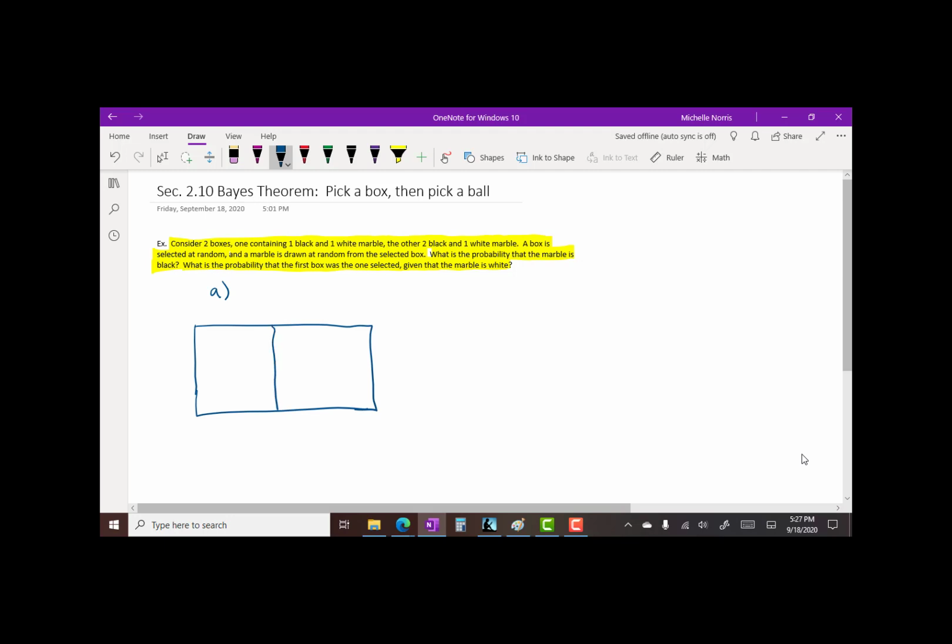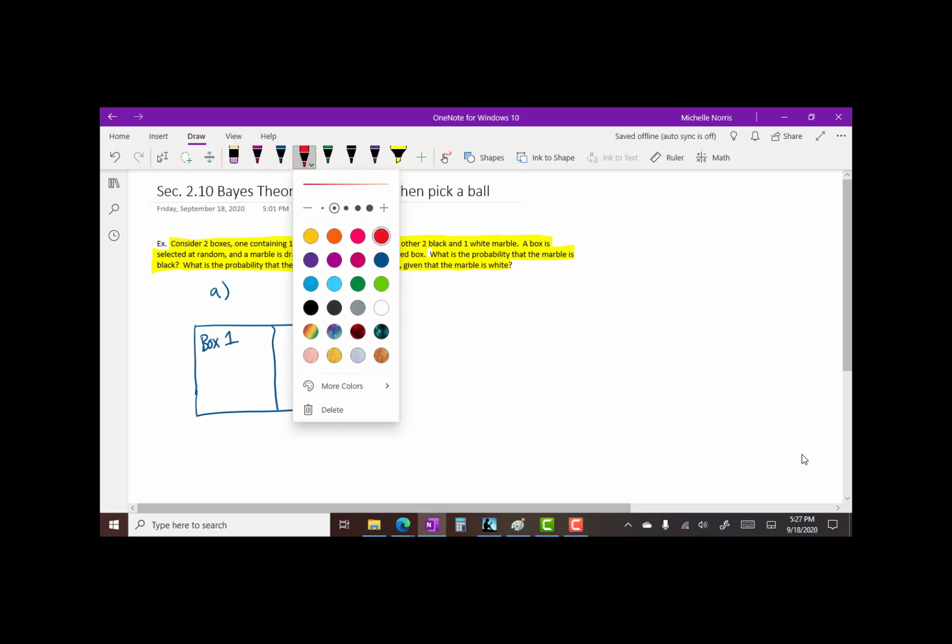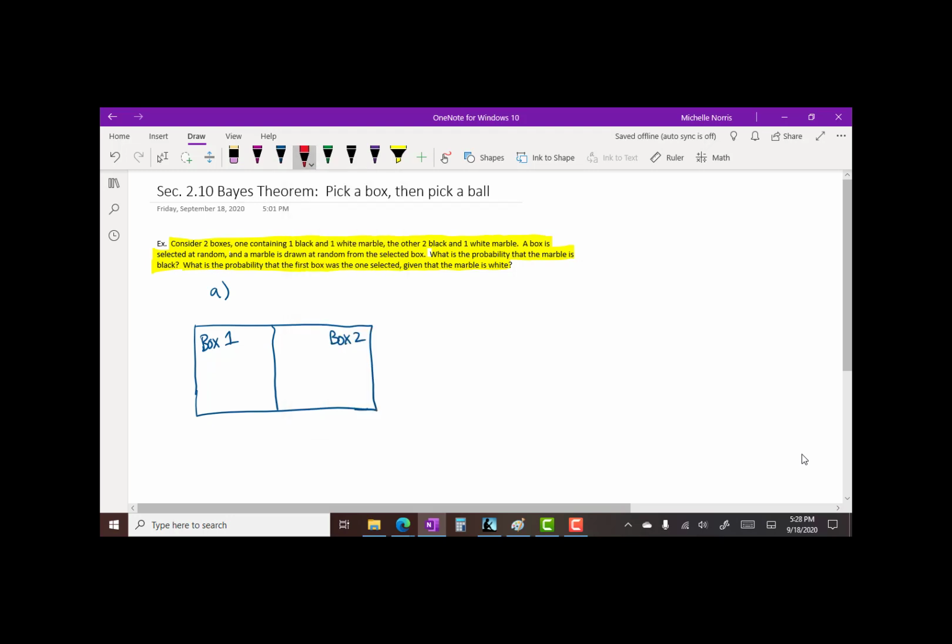And regardless of which one you start with, you're interested in this event, getting, for the first question, a black marble. And that can occur regardless of which box you draw.